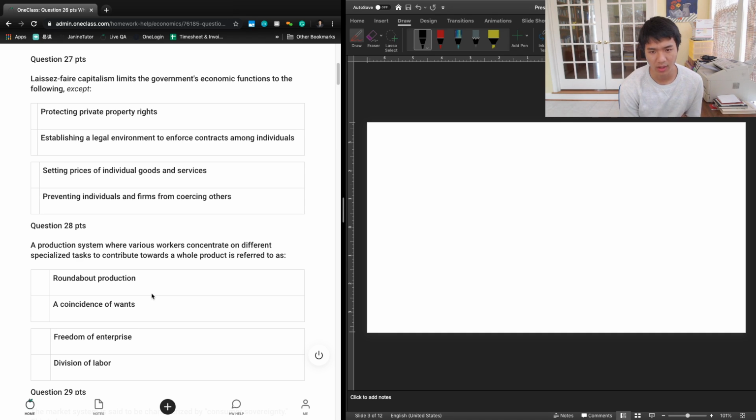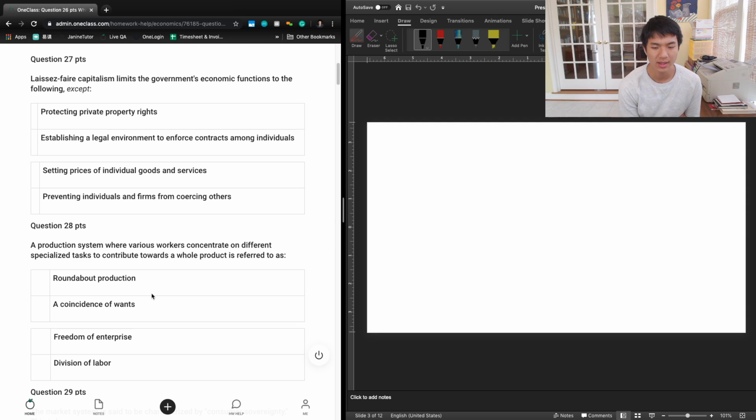So laissez-faire, I think, literally translates into let it be, and essentially is a theory of economics that government's only role is to establish the rules for the economic, quote-unquote, game and then allow everybody to play fairly. But it shouldn't regulate specific parts of the market like prices or output levels or quantity produced or anything like that.